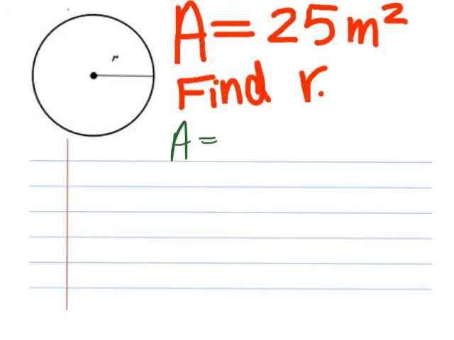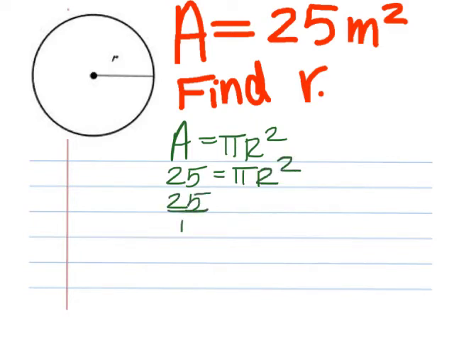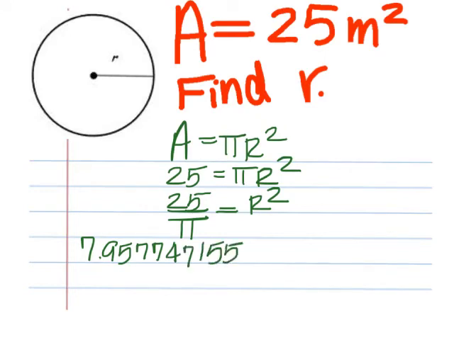Example number 4. The area is 25 inches squared, so plug in that 25 for A, and now we're going to solve for R. Divide the 25 by pi, and that would leave you with r squared. In your calculator, 25 divided by pi is 7.957747155.